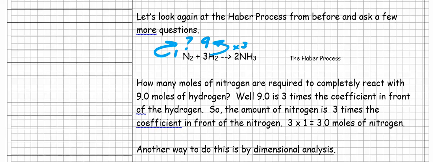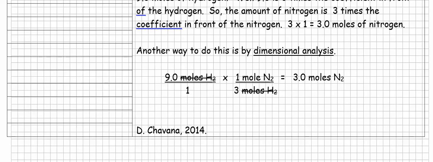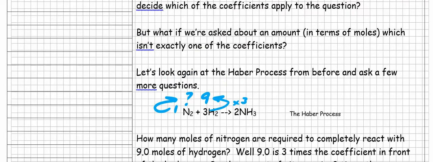So I kind of did that in my head, but we ought to be able to do this using dimensional analysis, right? Remember, dimensional analysis is where I mathematically start with what I know. I've been told that it's 9.0 moles of hydrogen gas. I'll put that over 1 to hold the place, times, from the balanced reaction, 1 mole of nitrogen per 3 moles of hydrogen.